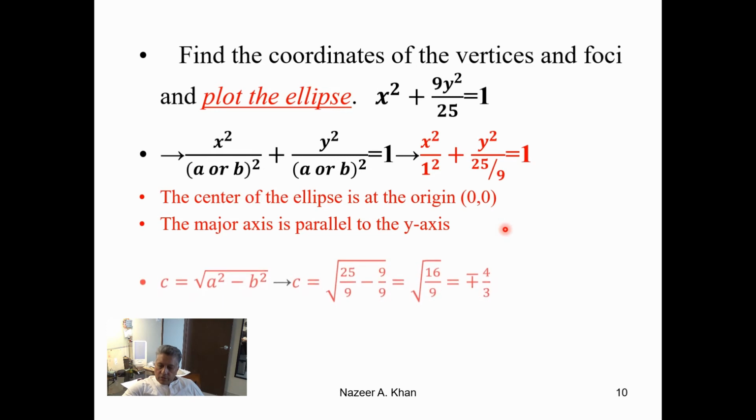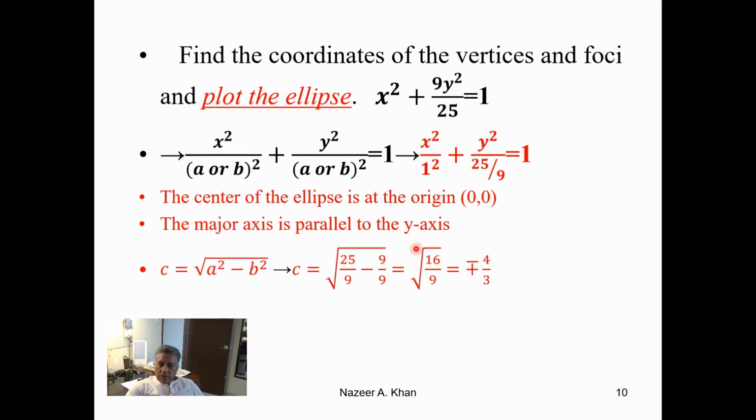Right? So the other thing is I'm going to use the Pythagorean theorem to solve for c, which is the distance from the center to the focus. And then I would come up with my a value, plus or minus 5 divided by 3.